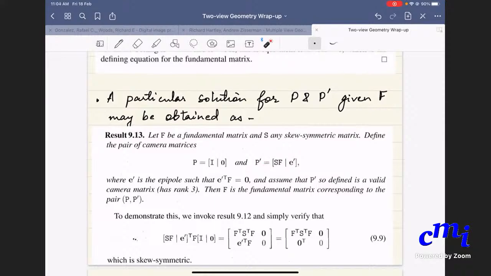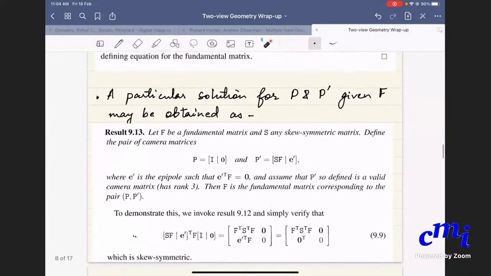Using the earlier criterion, to show that F is a fundamental matrix corresponding to this pair, all you have to show is that P prime transpose FP is skew symmetric, and that is simply what is being done here.